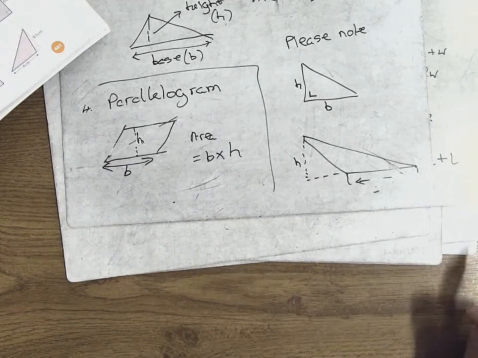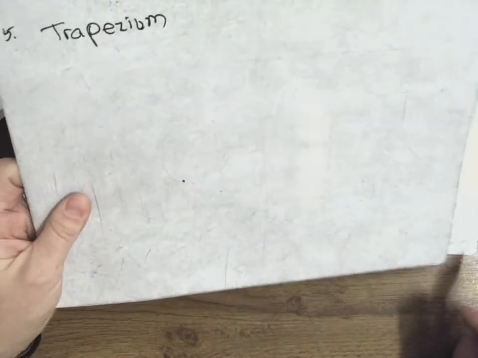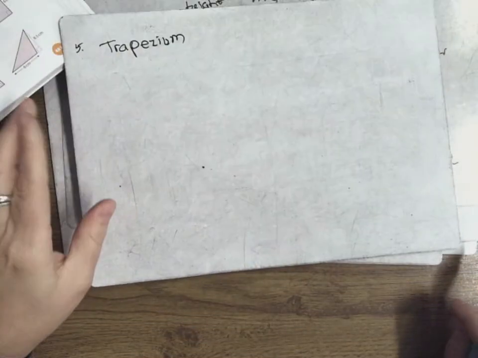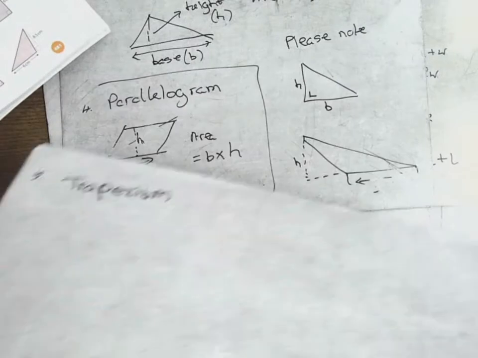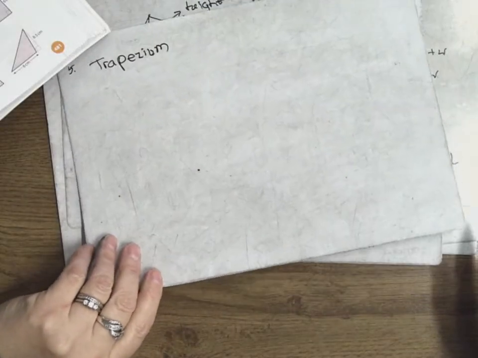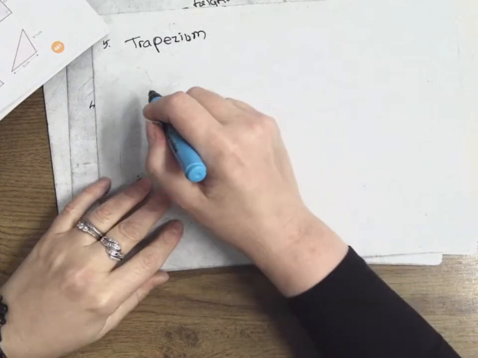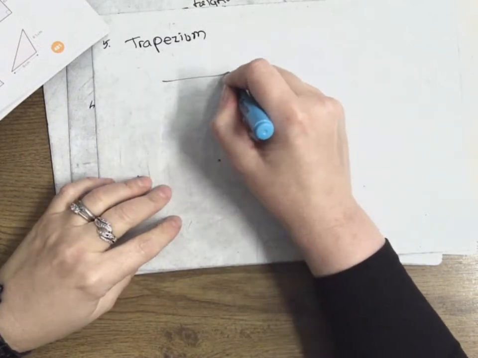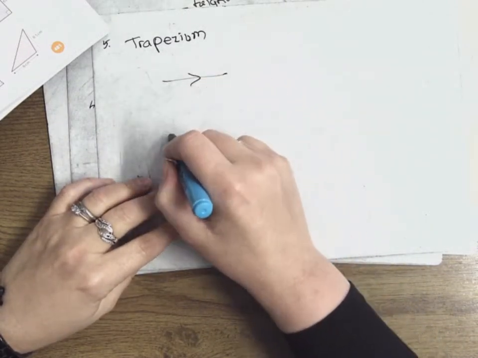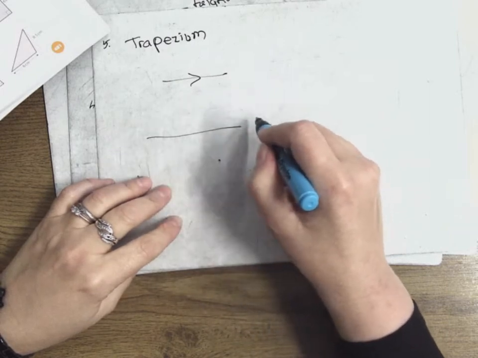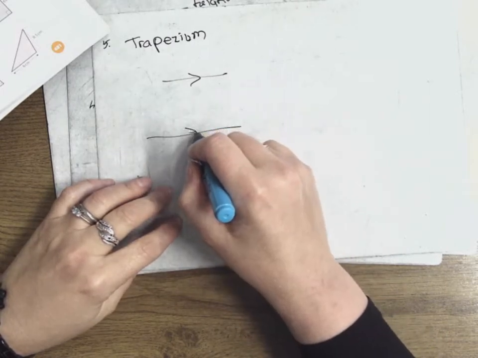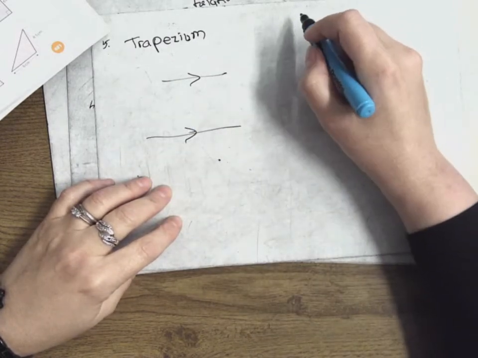Then there's one new shape in this section, and it's called a trapezium. Okay, so there's a new shape. Sorry, I took that away. Is everyone up with me? Can I do this? Right, so a trapezium, girls, has two parallel sides.